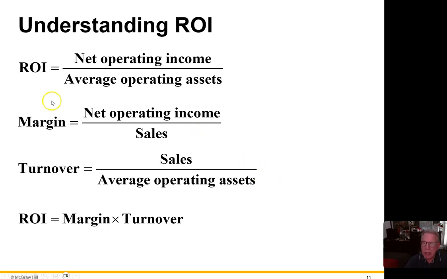So you can see that ROI can be expressed by taking the margin times the turnover. And these sales will cancel out when we do that, leaving us with net operating income divided by average operating assets, as is the formula for return on investment.